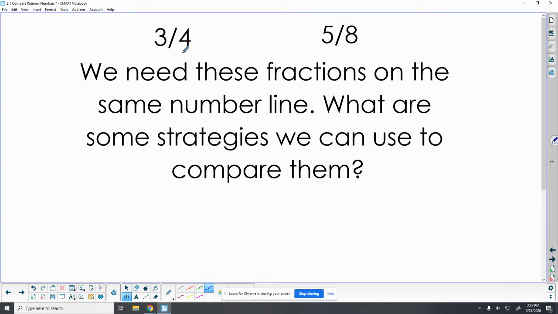So the first thing I always like to look for is, do I have the same denominator? No, I don't. So the next thing I like to look for is, do I have the same numerator? Again, no. So the easiest way is to make them be the same. So if I have 3/4 here and 5/8 here, I always like to look and see if the smaller one can go into the bigger one if I'm counting by multiples.